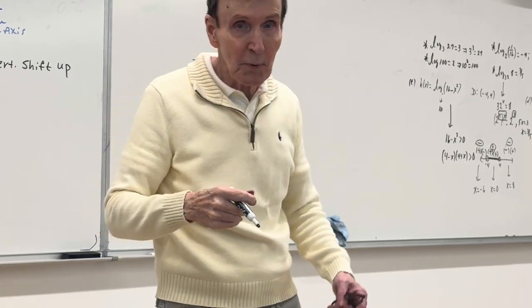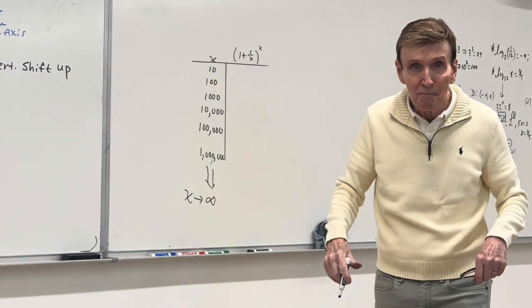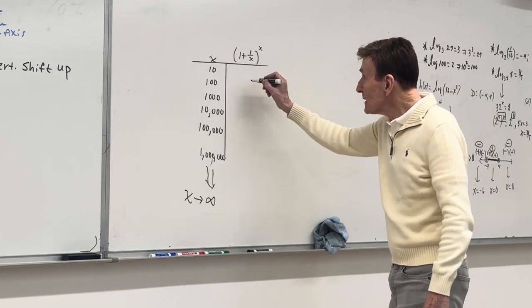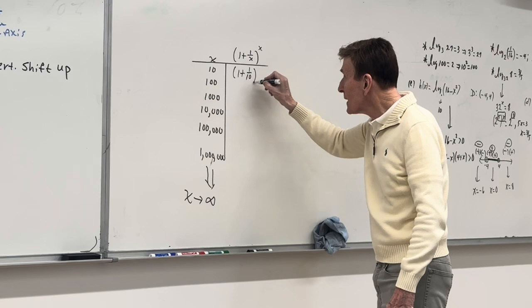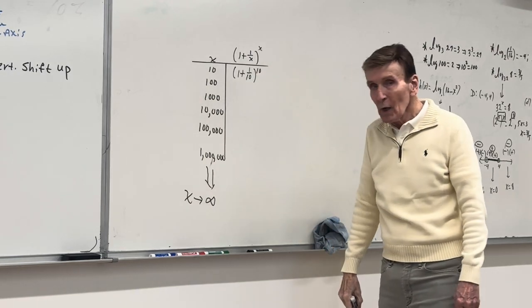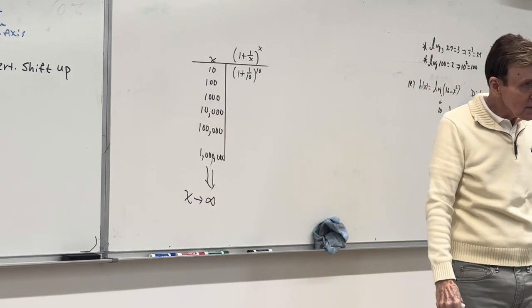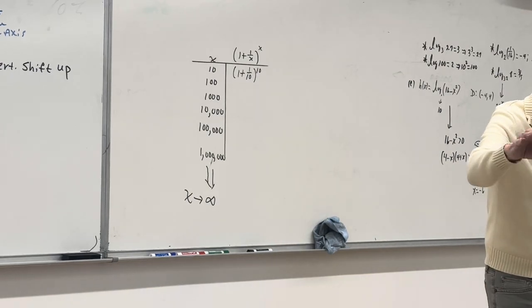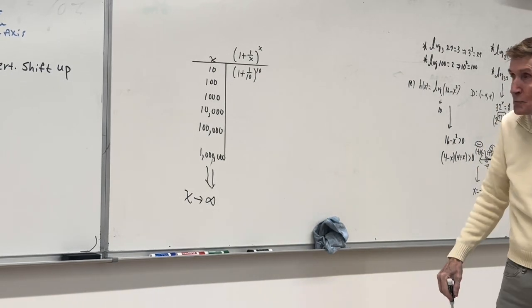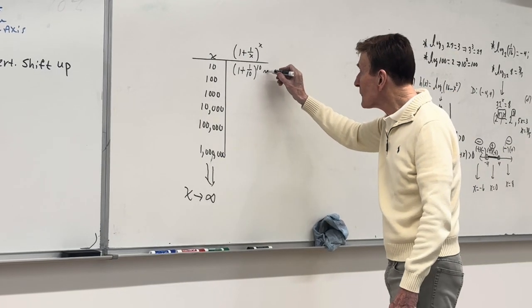Now, Mr. Park, hang on. First, he's going to find for me, with the help of the calculator, what 1 plus 1 over 10 raised to the 10 is close to, carried out to 4 decimal places. It's 2.5937.